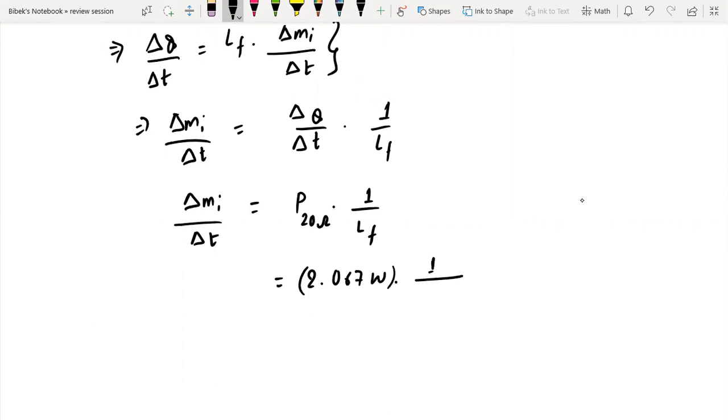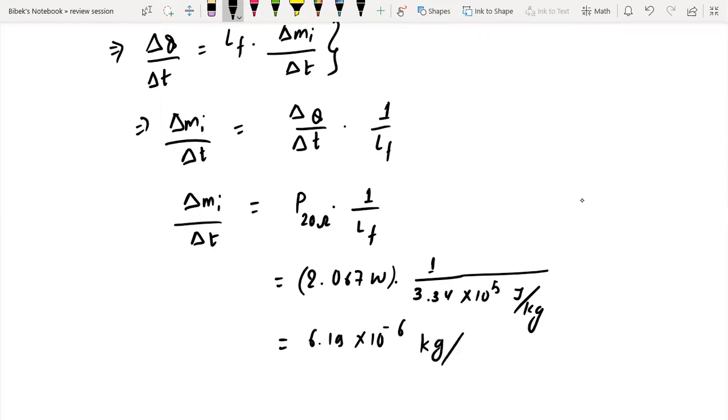The value for LF, I think it's given to be 10 to the 5 joules per kilogram. Here I'm using everything in SI units, so my answer will also be in SI units. I will get my answer as 6.19 times 10 to the minus 6 kg per second.